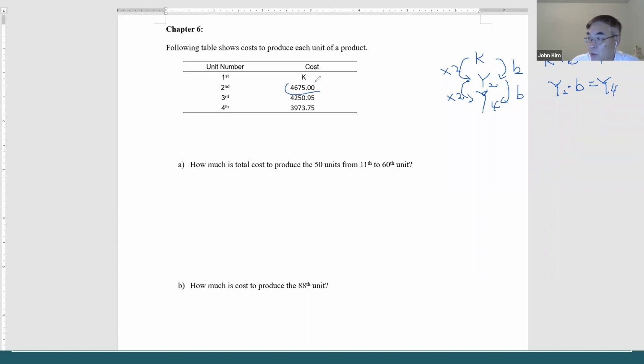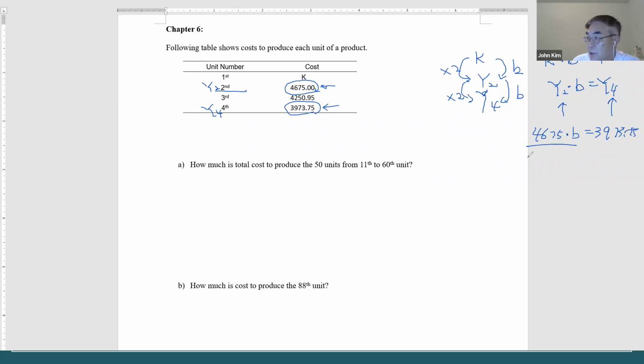You know Y2 and Y4, so plug in: 4,675 times B equals 3,973.75.